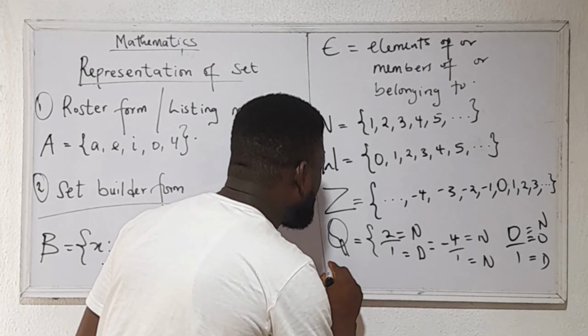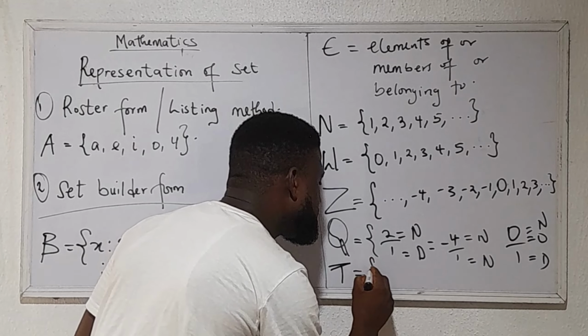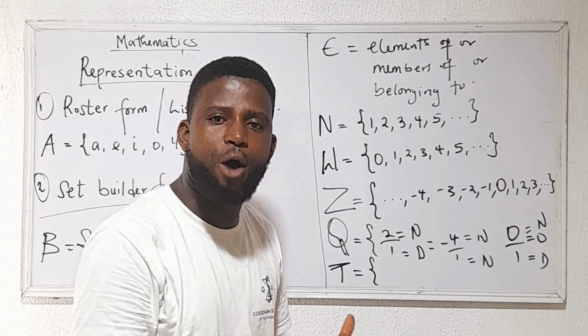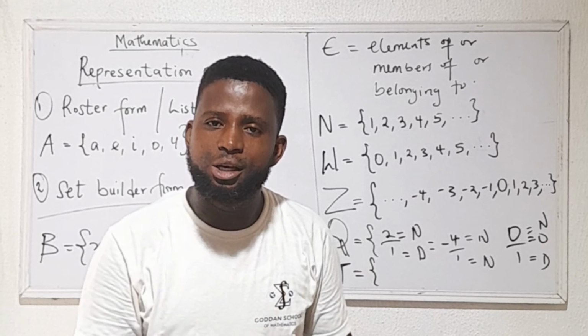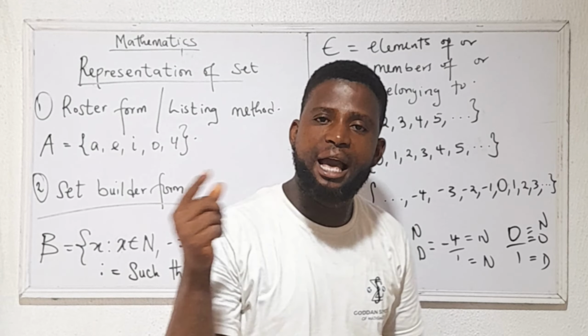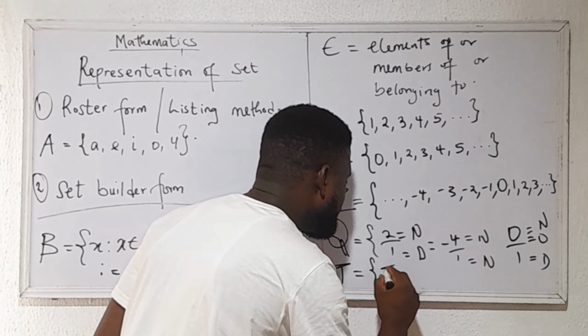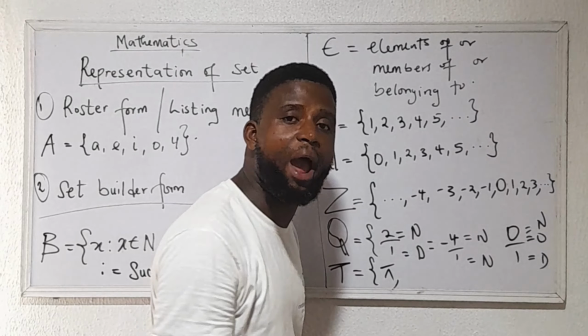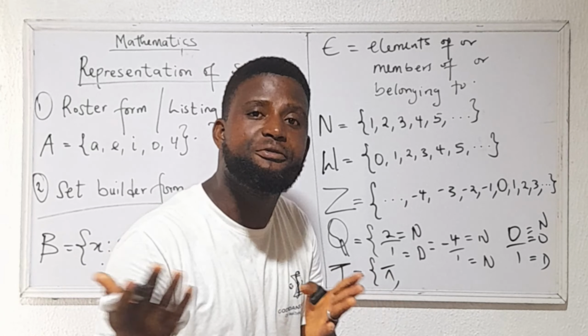Now, we have the set of irrational numbers, right? Any number that cannot be expressed in the form of a fraction, right, is called a set of what? Irrational numbers. Example, we have pi, right? Pi. The square root of every non-perfect square.